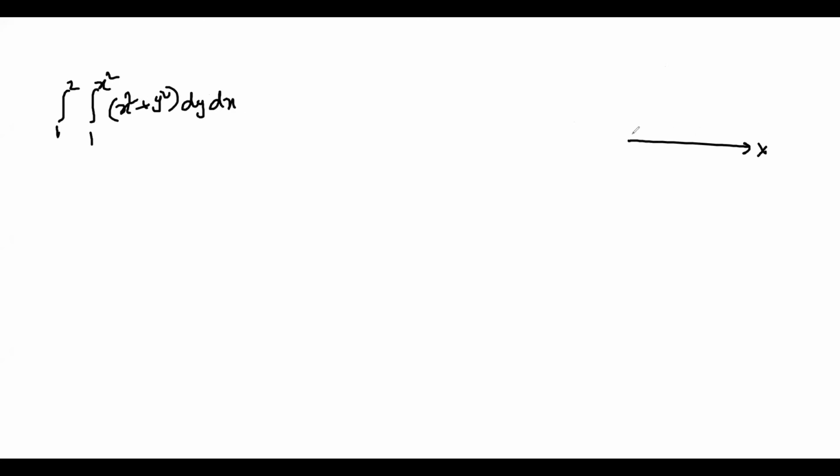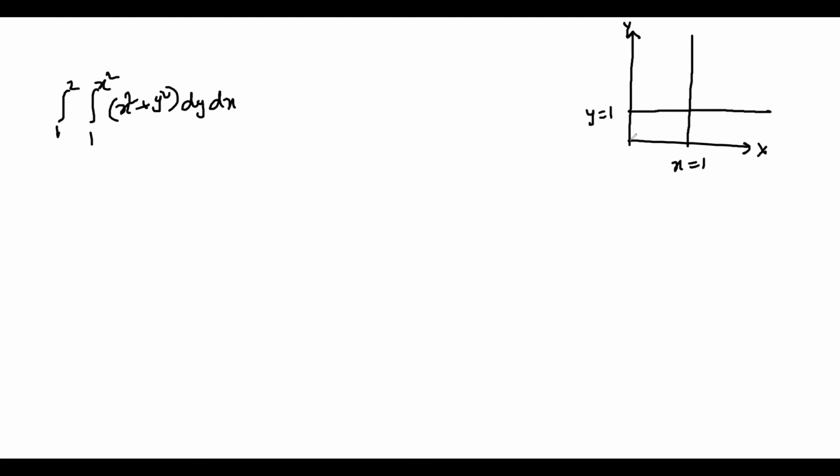So this is the x-axis and this is the y-axis. Here x is equal to 1. This is the line, say as an example, x is equal to 1. This is 1 unit. This line will indicate y is equal to 1.